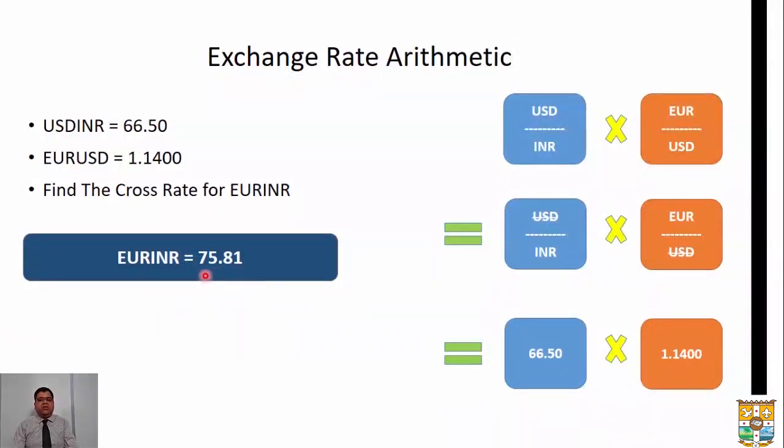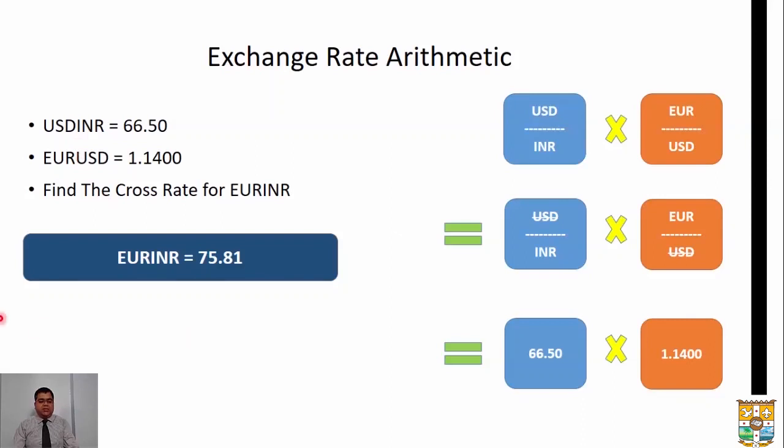So the cross rate for Euro INR given the rates of USD INR and Euro USD will come to 75.81. Here the key is to first write the quotations in terms of numerators and denominators and then cancel out one currency which is the common quotation between the two pairs.